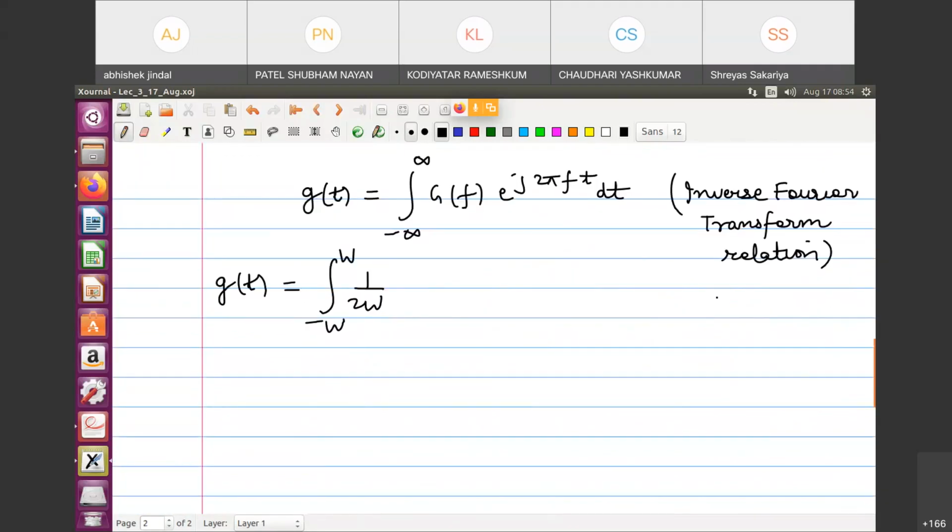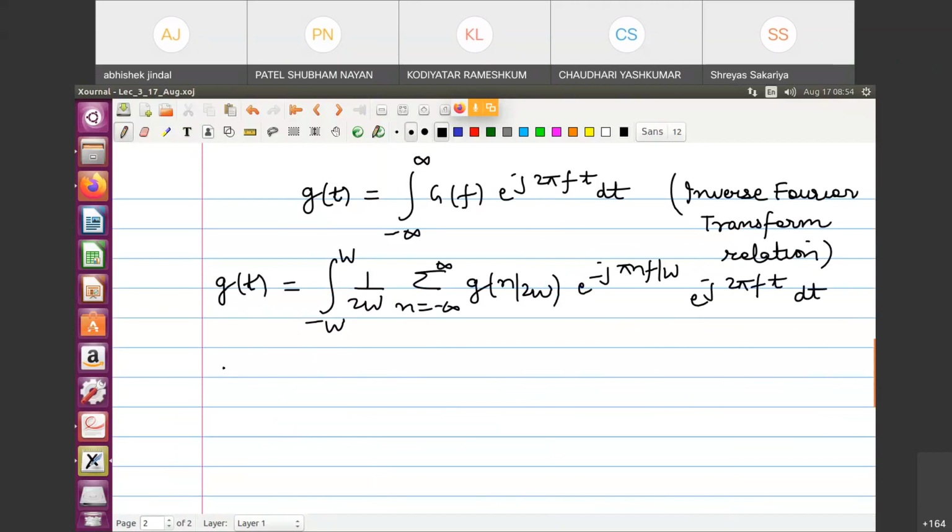So we substitute it here: the summation over n from minus infinity to infinity of g(n/2W) e^(-jπnf/W) e^(j2πft) df.